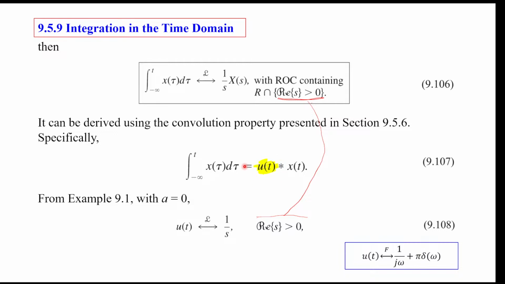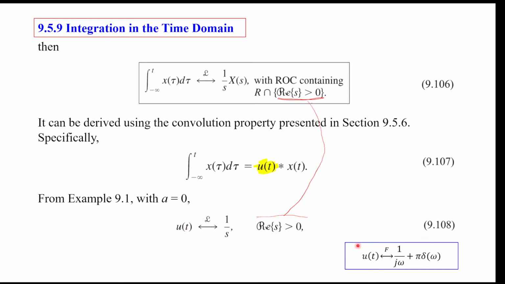And I guess a bit of a digression here is that you look at this integration property, or you look at the unit step function Laplace transform, and you look back to the Fourier transform properties.